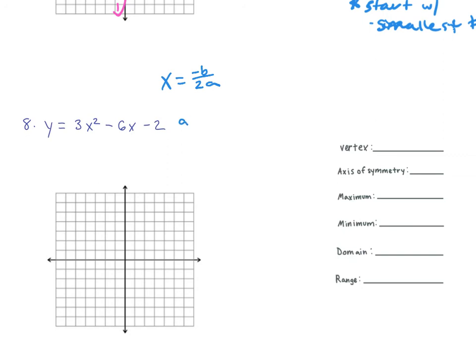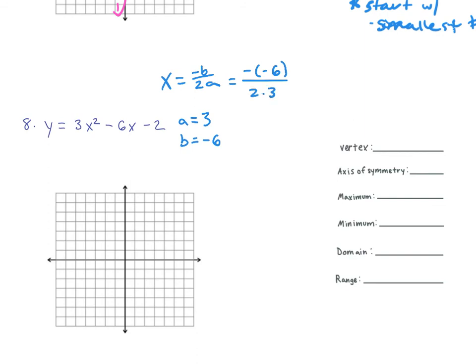What's our a? Three. What's our b? Negative 6. So we have negative negative 6 over 2 times 3, because the b goes on top.